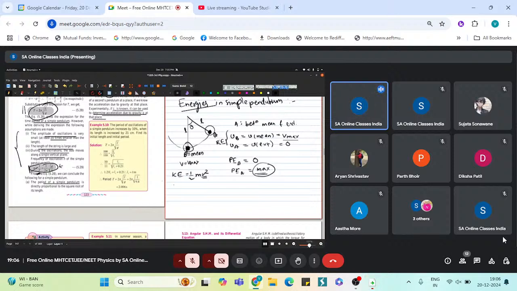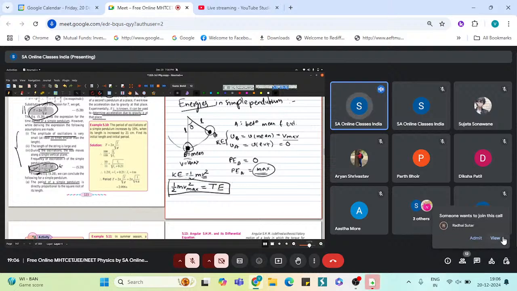So half m v max square, or half mv_B square, because we have taken B as the mean point, is going to be equal to the total energy of the particle. This will come in handy when you are solving problems about the energy in a simple pendulum system. So this is the total energy.